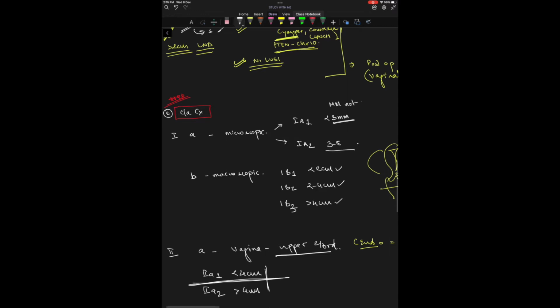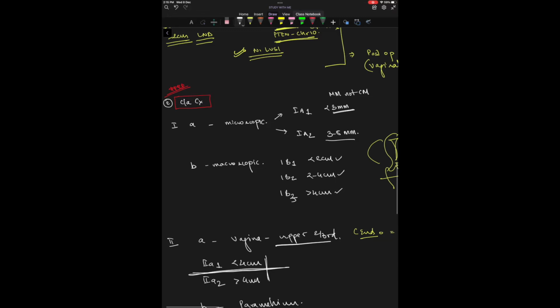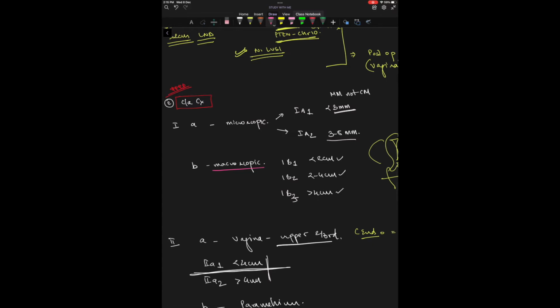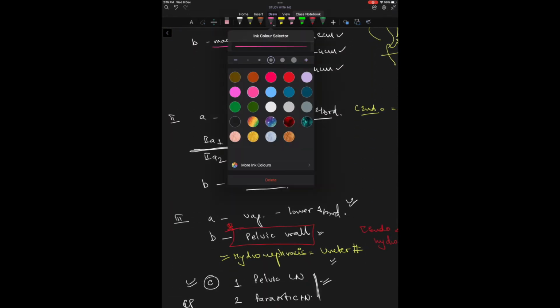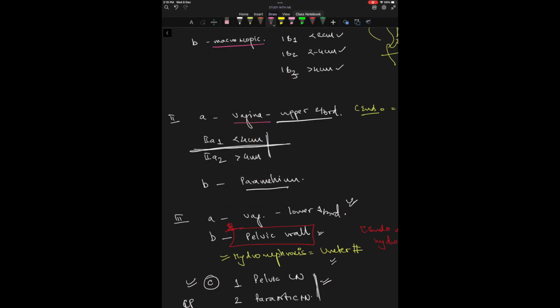Then B is further divided into 1B1, 1B2 and 1B3. 1B1 is less than 2 centimeter, next is 2 to 4 centimeter, and then this is 1B3, it is more than 4 centimeter. In stage 2, A is the involvement of vagina, upper 2/3.